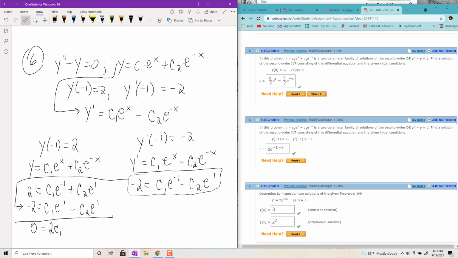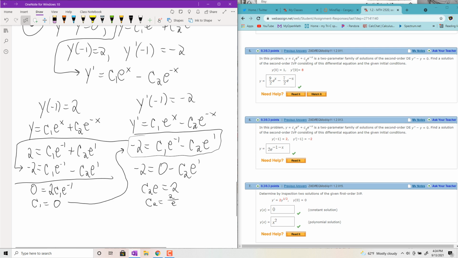That's 2 c1 e to the -1. Then you can solve for c1 by dividing both sides by 2 e to the -1. You just end up with c1 being 0. Then you can plug that into this equation. So you get -2 equals 0 minus c2 e to the 1, and solve for c2. So you get c2 e equals 2, and then c2 must be 2 all over e.